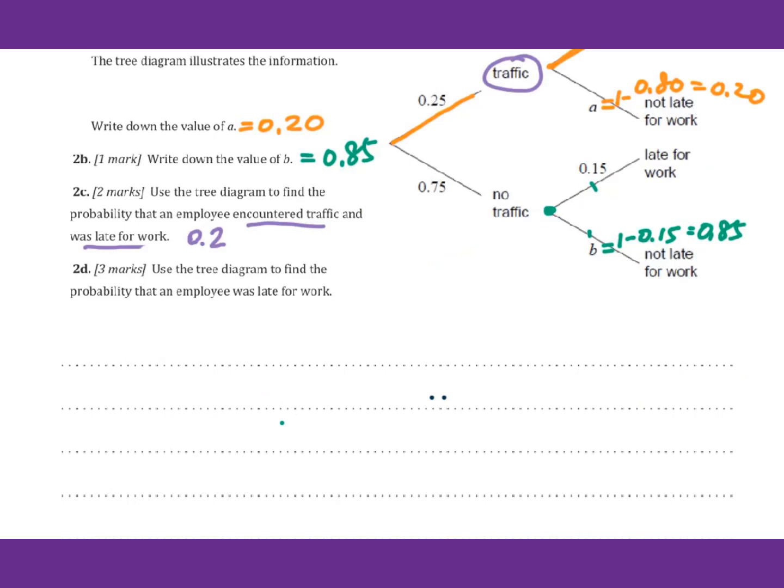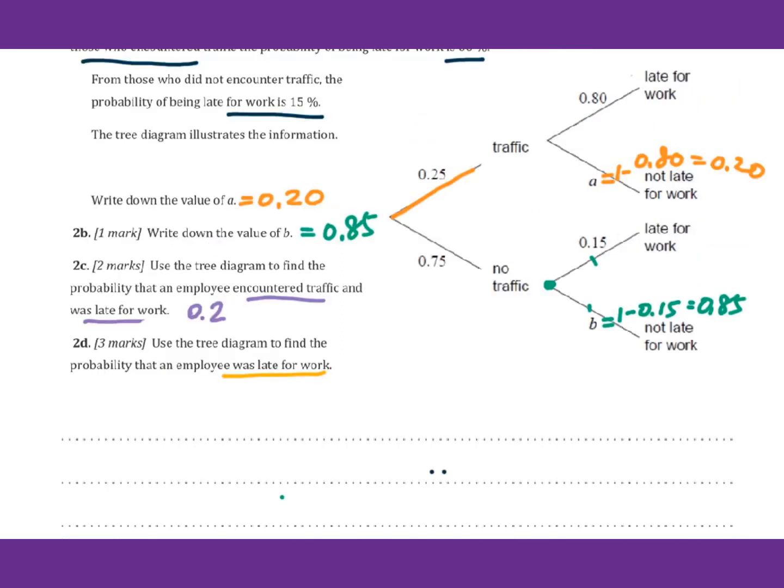Now let's go to 2D. Use the tree diagram to find the probability that an employee was late for work. Late for work. From this tree diagram, you circle where you can find late for work. It's here and it's here.